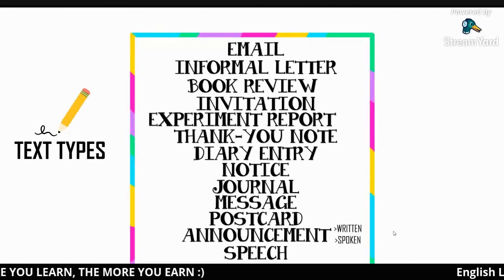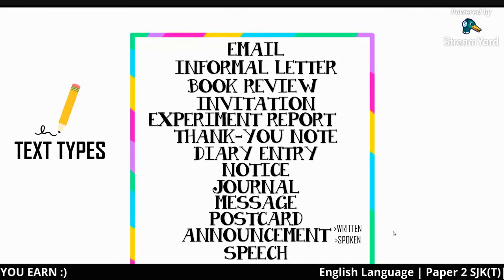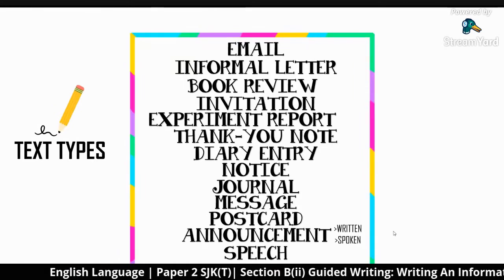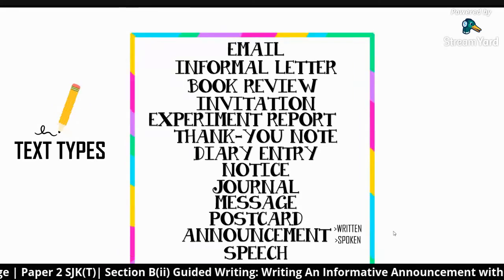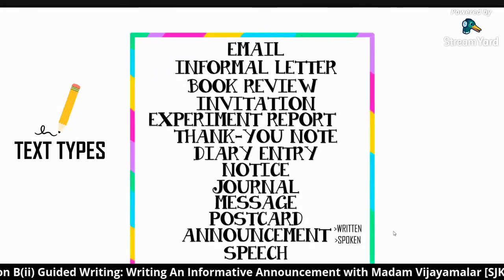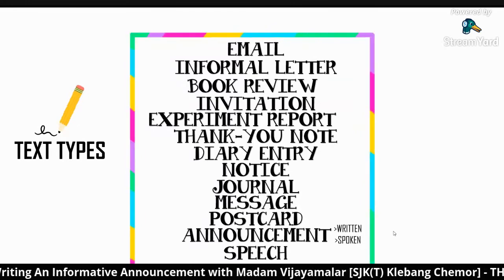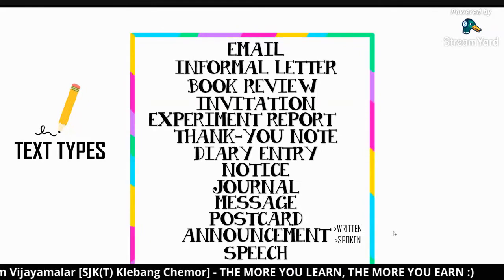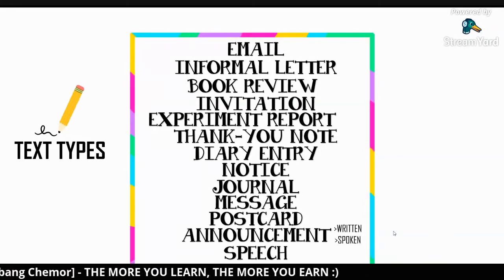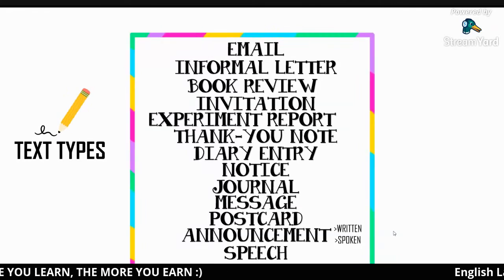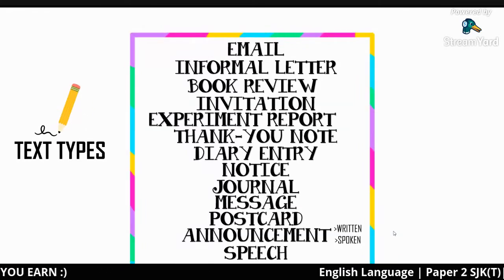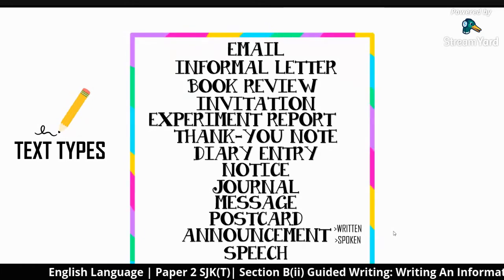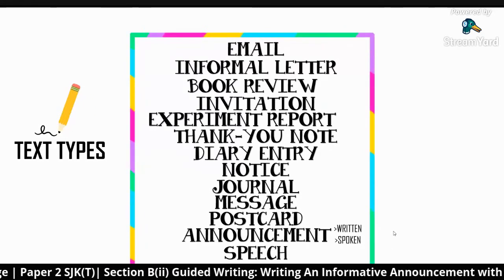So we have email, informal letter, book review, invitation, experiment report, thank you note, diary entry, notice, journal, message, postcard, announcement, which has two types, written and spoken. And of course, another one is speech. These are the examples of the text types which you are supposed to write for section B2.